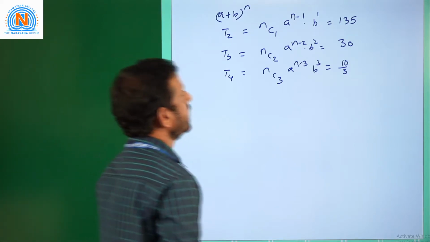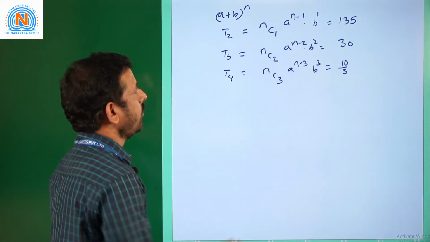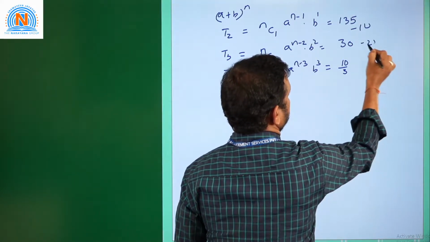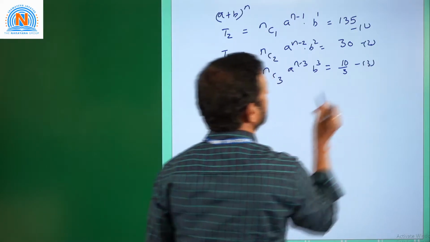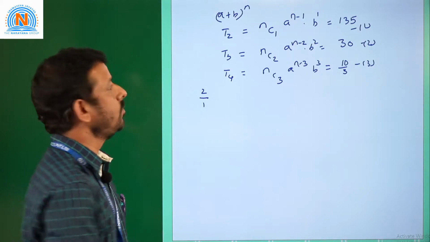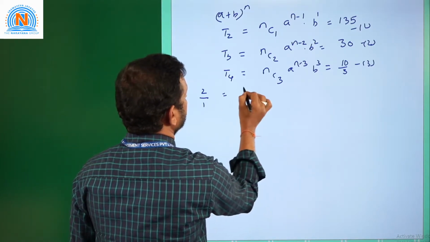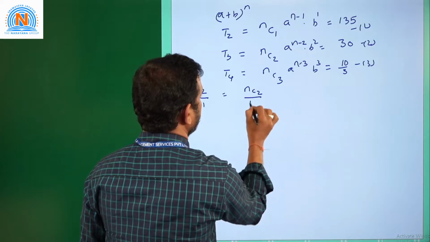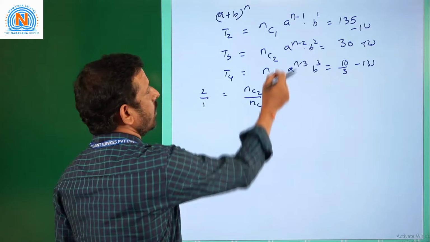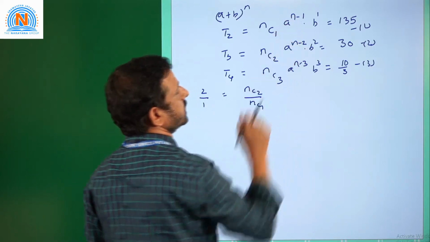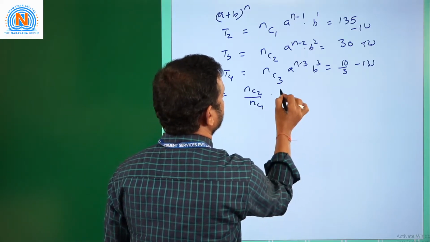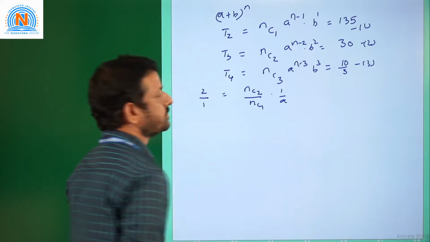Now from this we need to find the value of n. For this, let us take this as equation 1, this as equation 2 and this as 3. Now if I divide 2 by 1, we get nC2 by nC1, and a power n minus 2 by a power n minus 1, which is 1 by a.